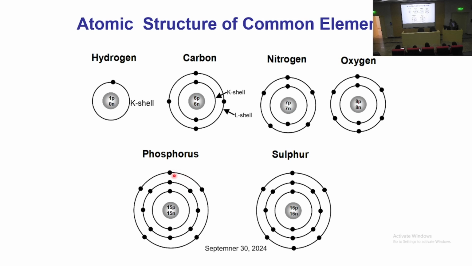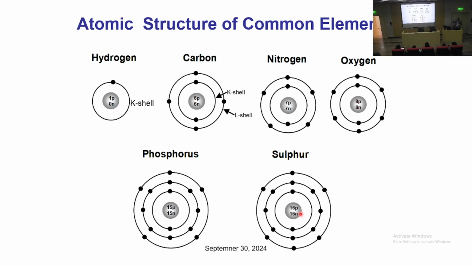In the third one, because the capacity of the second shell is only 8, it cannot accommodate more than 8. Then we will need a third shell, which will accommodate 5, because 2, 8, 5. For sulfur, it will be 2, 8, which is 10, and then 6, because the atomic number for sulfur is 16.